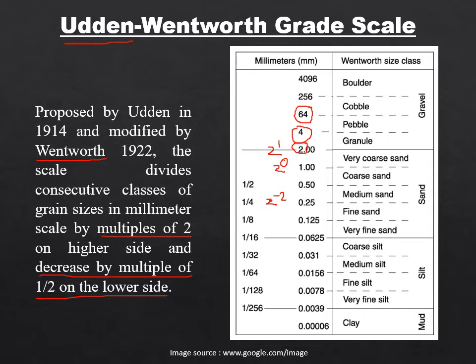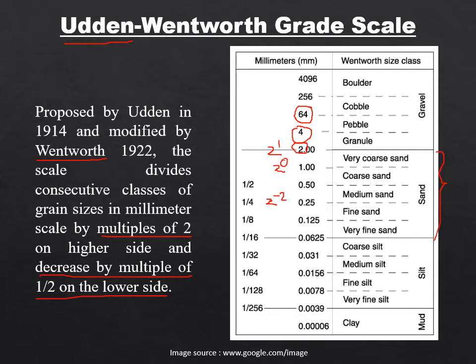By this way we can get certain divisions, and according to these divisions certain names are proposed. The grain size having diameter from 2 millimeter to 1 by 16 millimeter, that is 0.0625 millimeter, is represented as sand size.